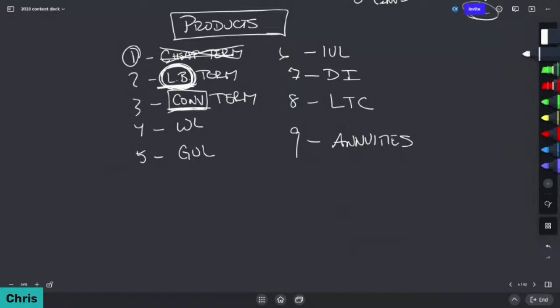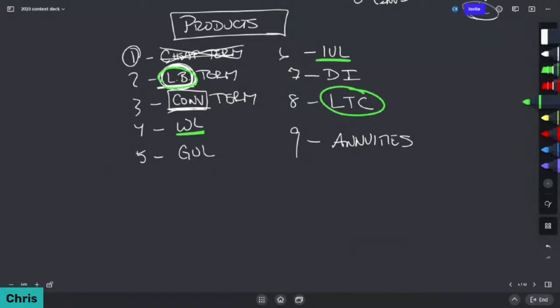So then we get to, okay, let's think about living benefits. Living benefits are obviously huge. Living benefits are always available on whole life and IUL if you buy them with the right company. I think it's one of the problems that life insurance solves as we get older. When we think about long-term care, right?